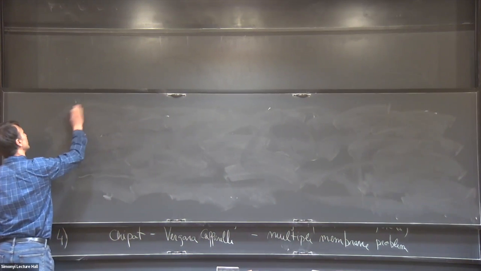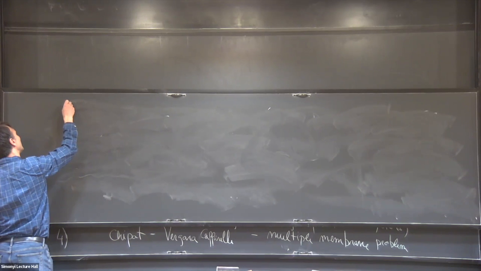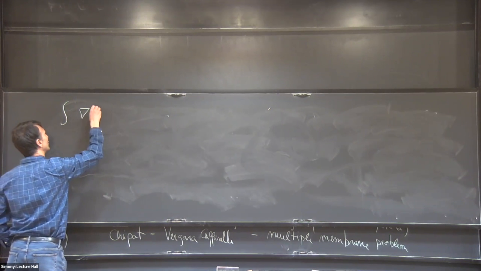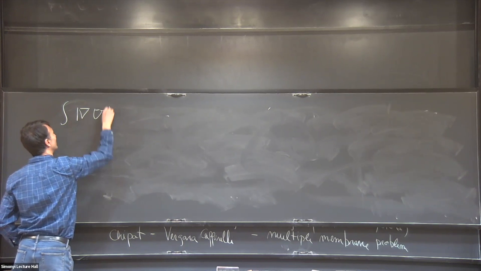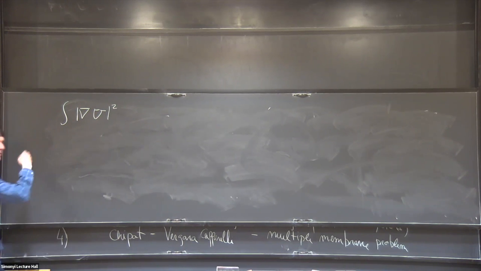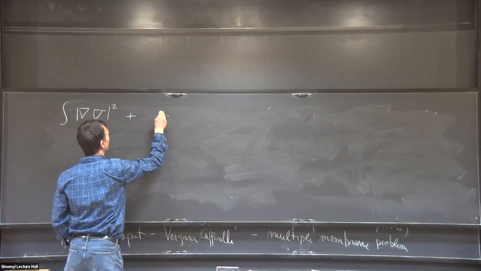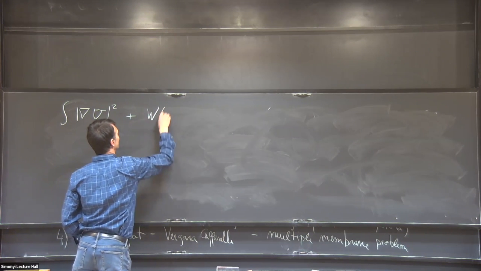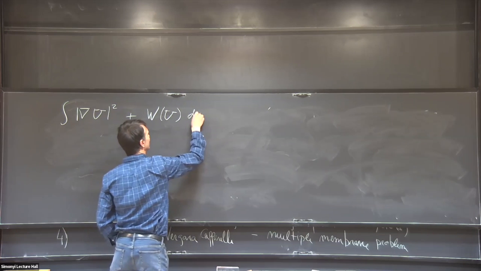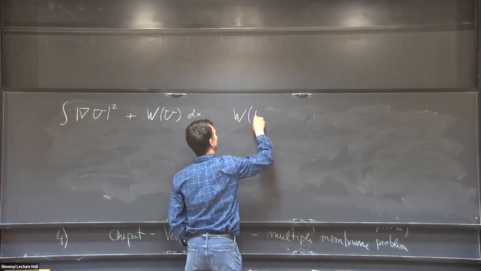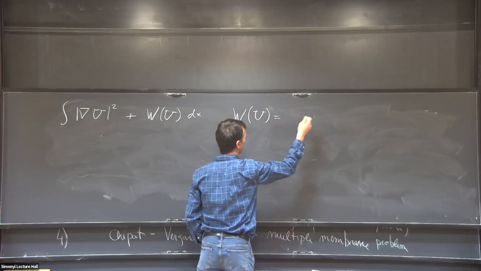So let me remind you, I'm going to write the energy functional in this form: the integral of the gradient of capital U squared, U being a vector, so the sum of all the components squared, plus W of U, dx. I write this W of U to look more like the one-phase problem.